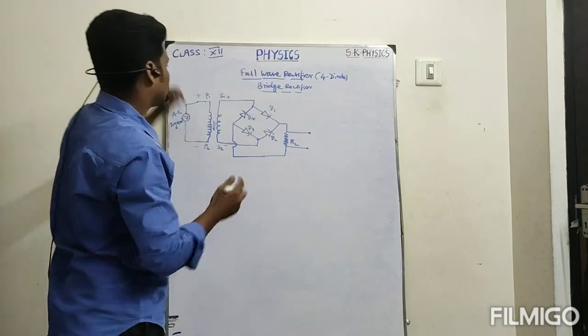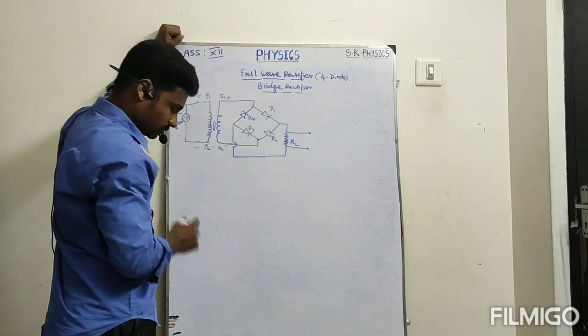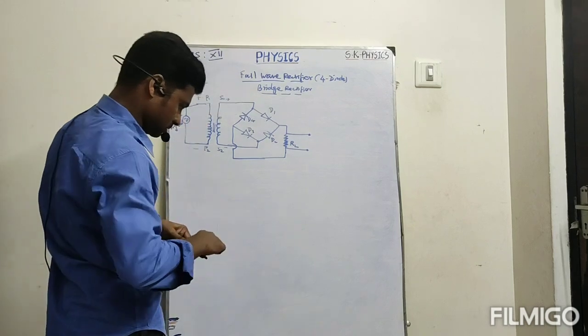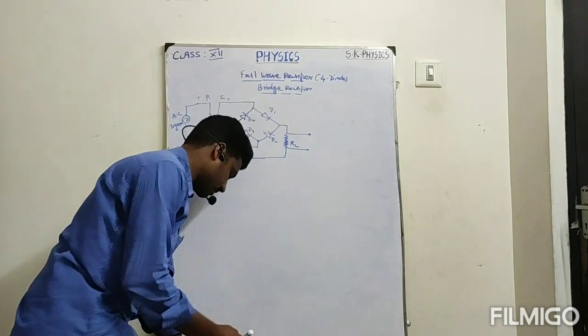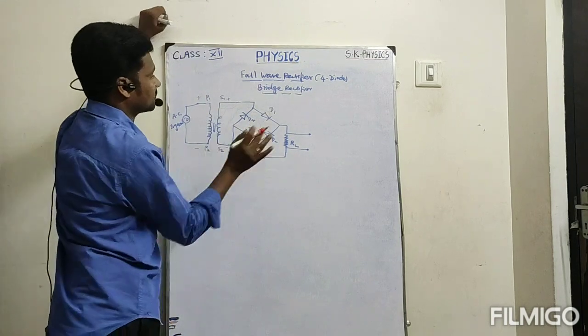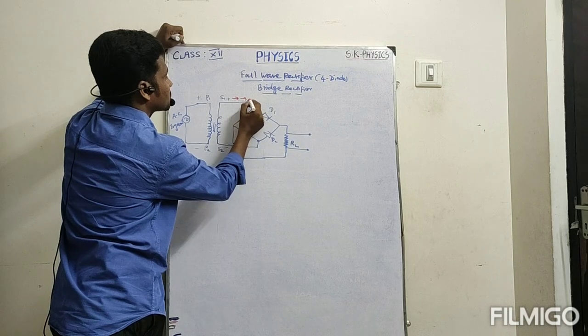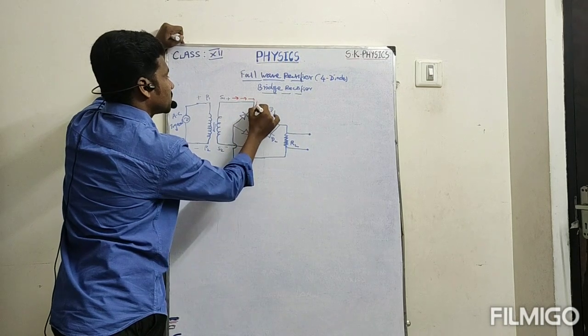Now we can observe that the positive signal is moving here. For indication, I mention a different color. Please listen. This is the first half cycle, the positive cycle.